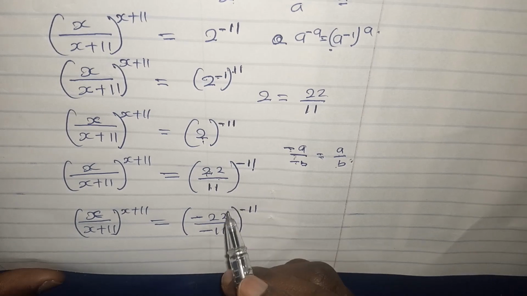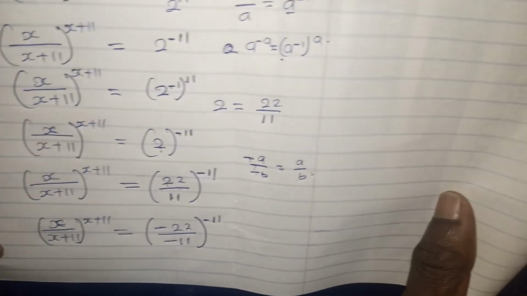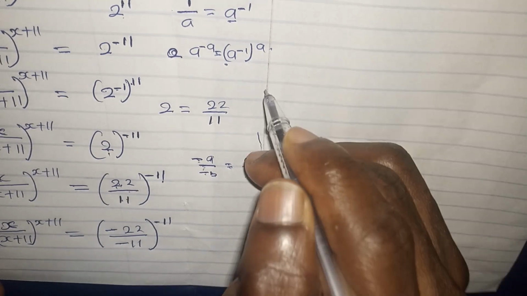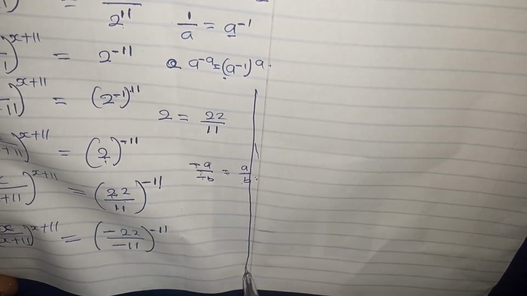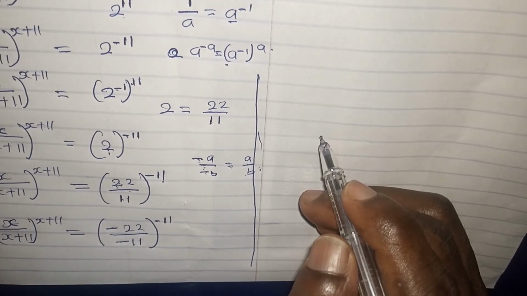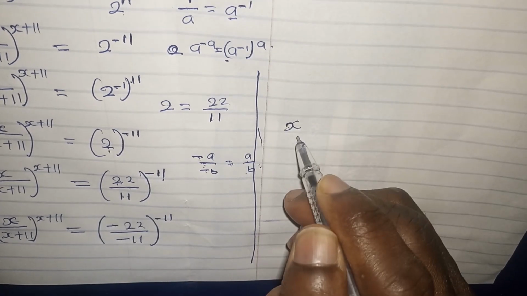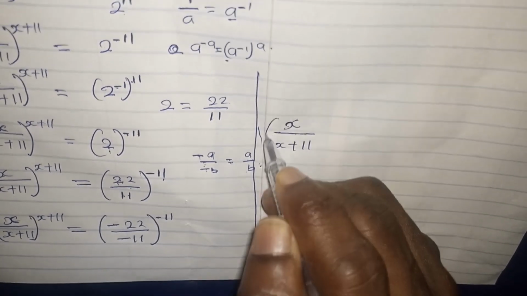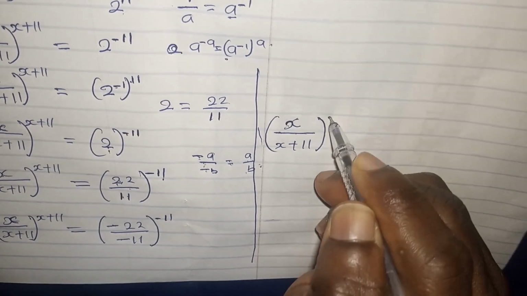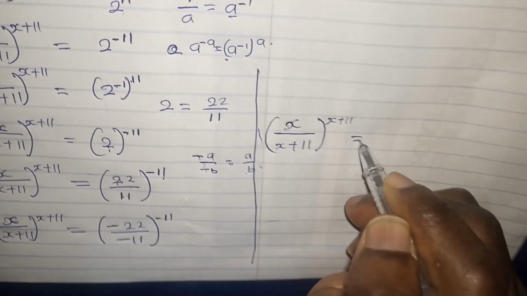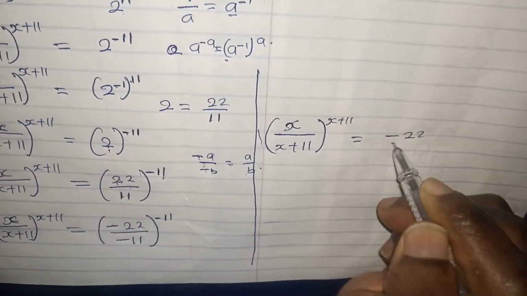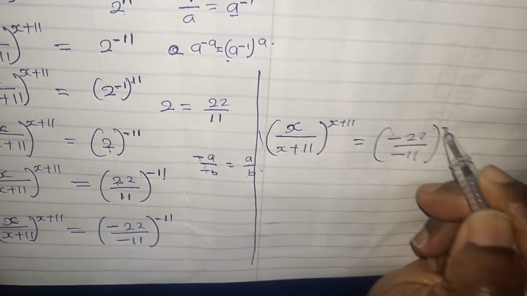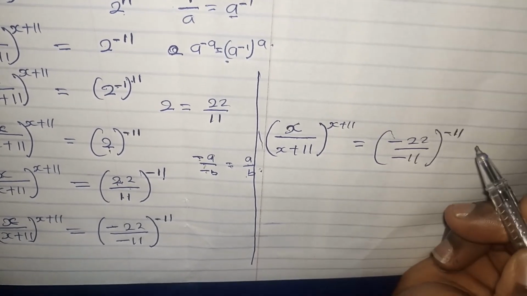So let's see how we can solve. If you come further to this part, we are now having x over x plus 11 all to the power of x plus 11 equals to negative 22 over negative 11 all to the power of negative 11.